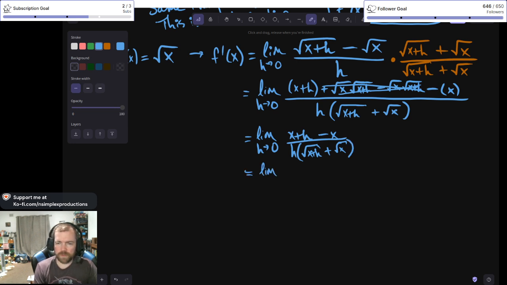Which is equal to the limit as h goes to 0 of just, the top is just h, the bottom is h times square root of x plus h plus the square root of x.